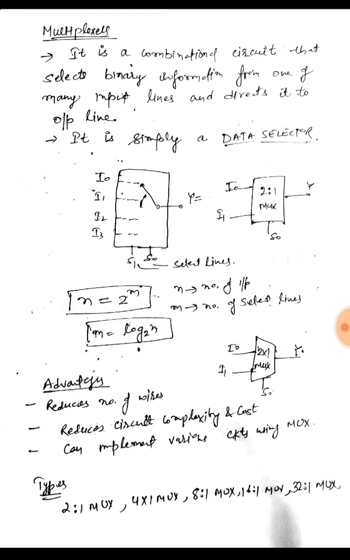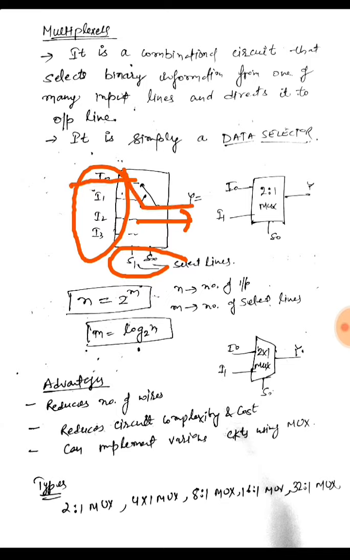It is basically a many to one circuit, or a data selector, which selects out of several inputs to give us one output at any instant of time by using the select lines, which will decide which input would be transmitted to the output. Depending upon the values of the select lines, we would select our output.